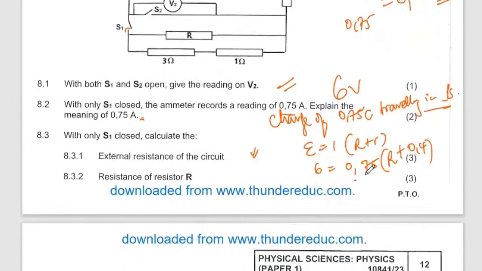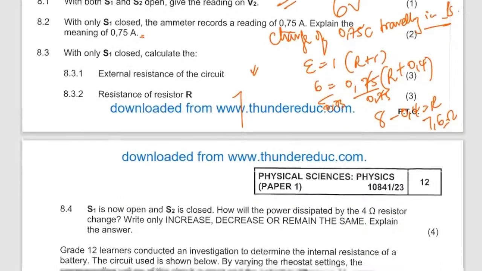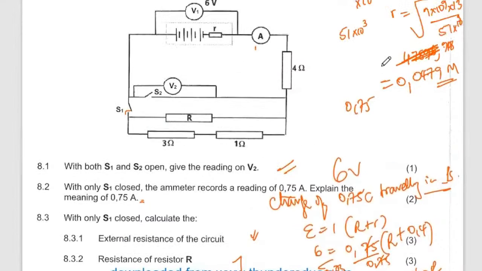Okay, same divide. 8 minus 0.4 will get that. So 7.6 ohms. Then they want us to get the value of R. Now remember, with capital R, S1 is still closed. With this capital R, it's more like a parallel combination.